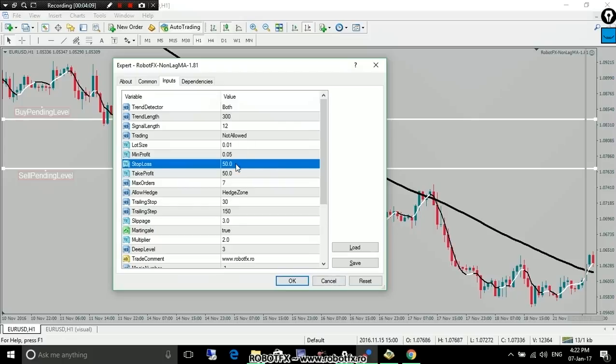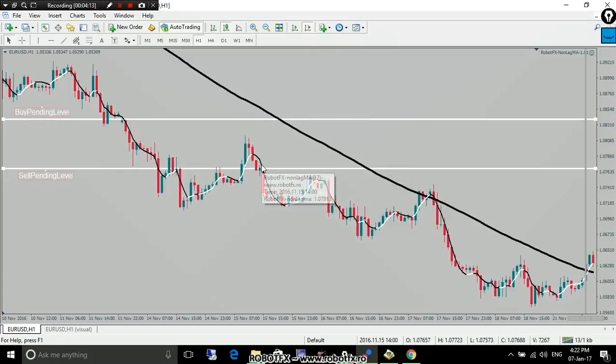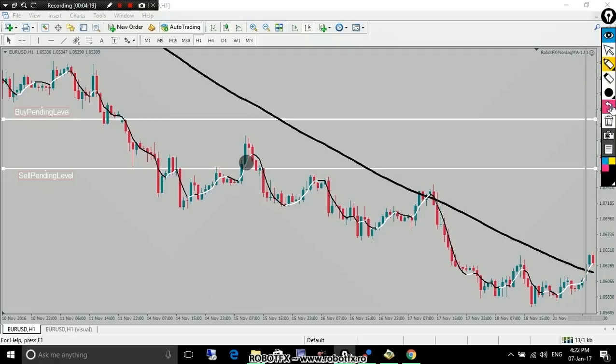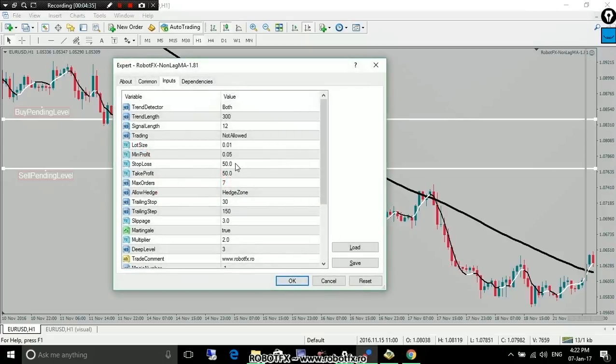So it will place a pending buy order 50 pips away from this sell, which just opened, let's say. Basically, we will open the sell here, and the expert advisor immediately will place a pending buy here.